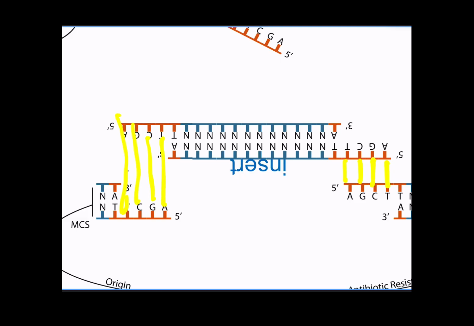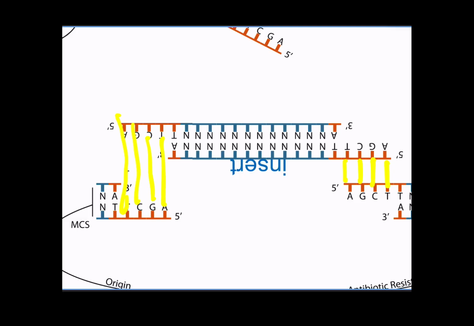And we haven't really discussed this in much detail, but often what happens is you need these inserts to go into your vectors in a given orientation, because we will use these vectors to use the sequences that we inserted into them in manners in which the orientation of the DNA matters.